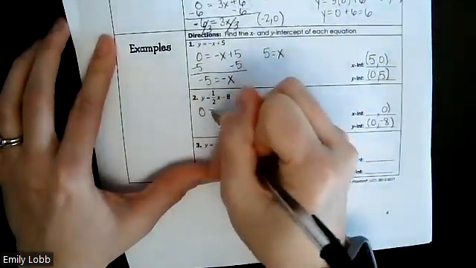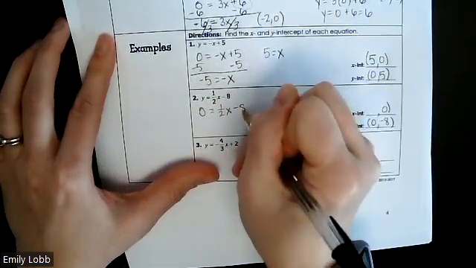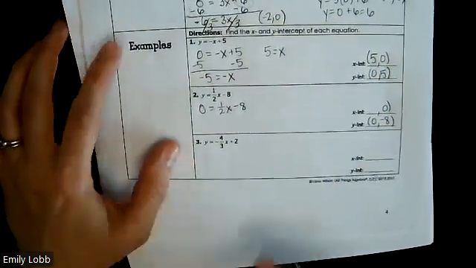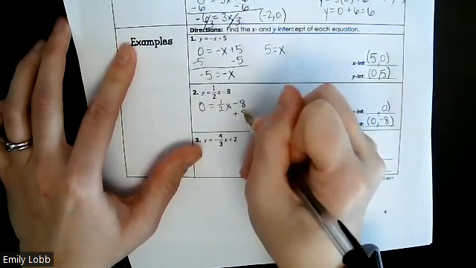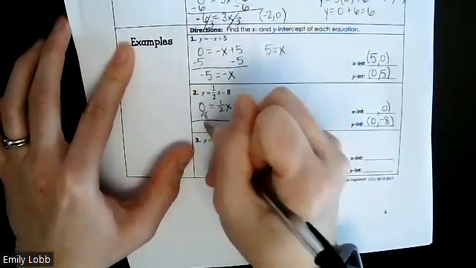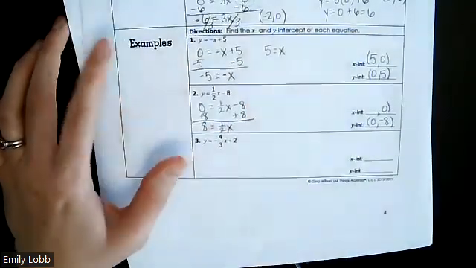So we would say 0 equals 1/2 x minus 8. We have to remember how to deal with fractions. So we're going to add 8 to both sides. So 8 is equal to 1/2 x.